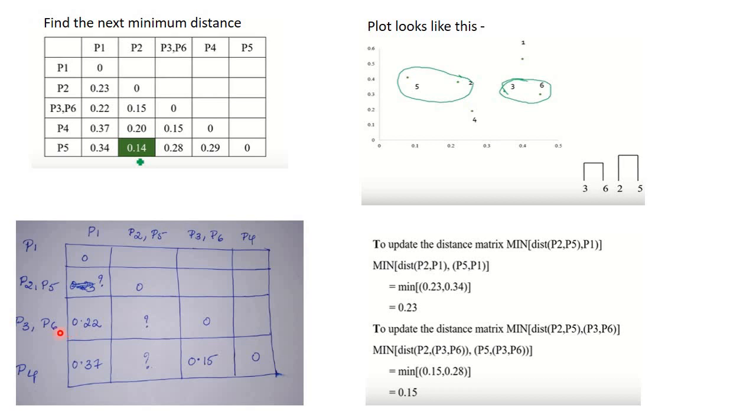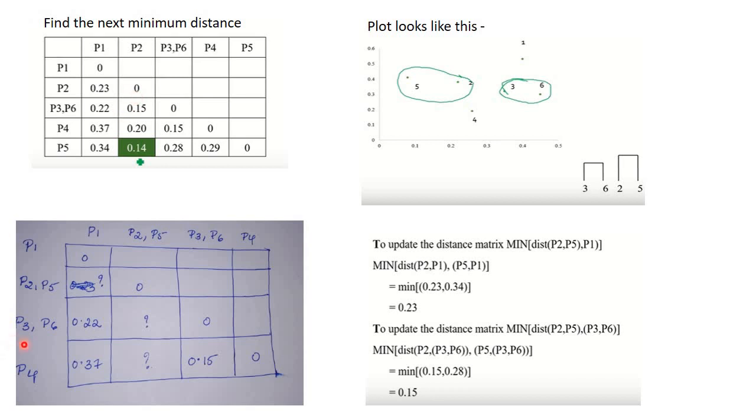So P3, P6 to P2 is smaller or P3, P6 to P5 is smaller. So P3, P6 to P2 is 0.15 and P3, P6 to P5 is 0.28. So 0.15 is smaller there.